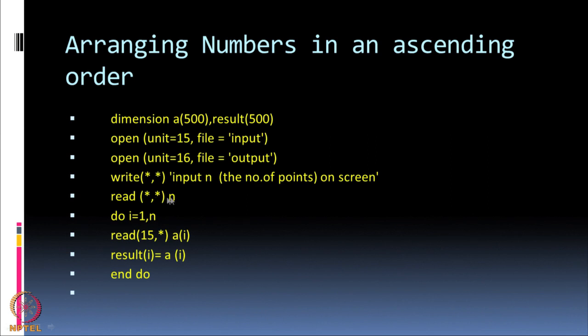Once this number is read, I want to write all the values of that array A into the array result. What does this do loop do for me? Do I going from 1 to n, n is already read from the screen. So, do read 15 comma star A(I). From file 15, which is input, it will read the value of A(I), then result(I) is set equal to A(I).